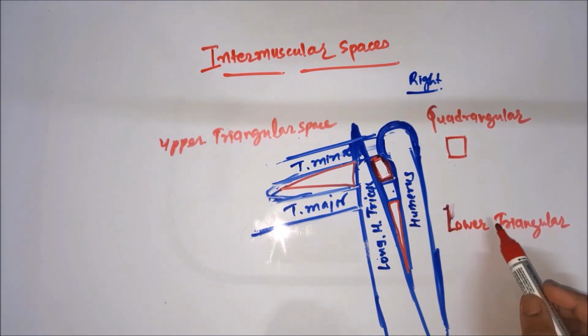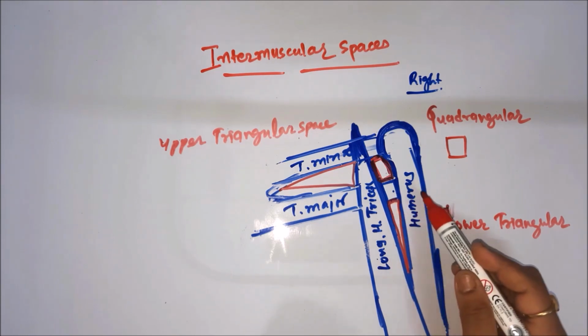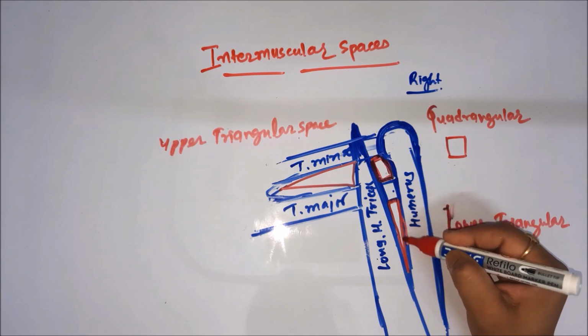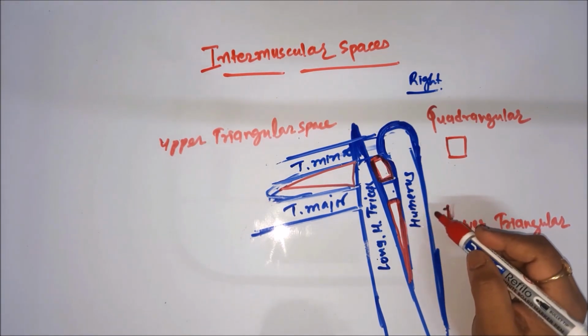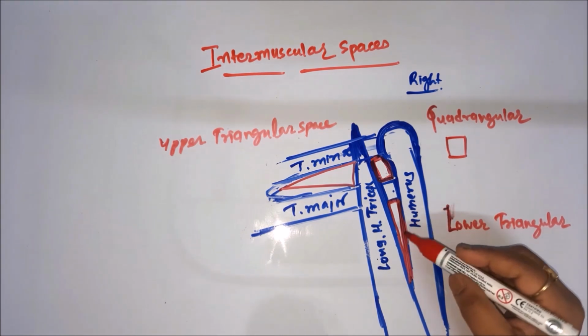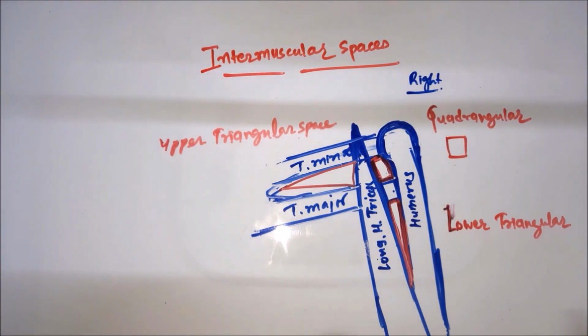Now the lower triangular space boundaries. Above it is bounded by the lower border of teres major. On the medial side it is bounded by the shaft of the humerus. On the lateral side it is bounded by the medial border of the triceps.